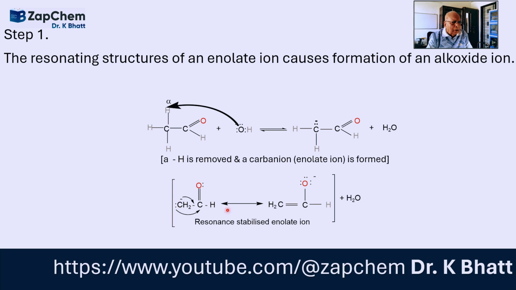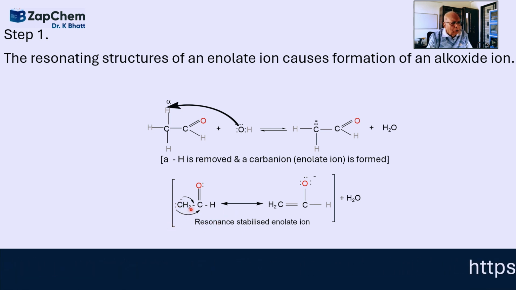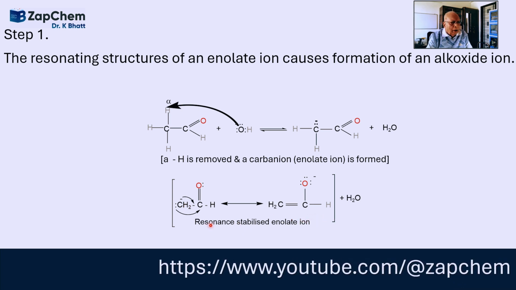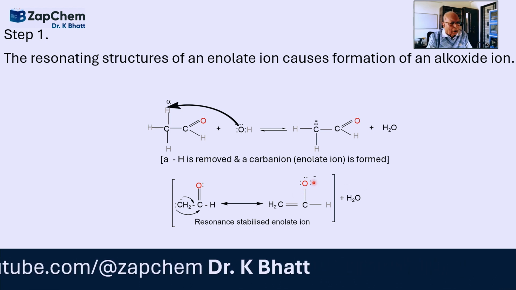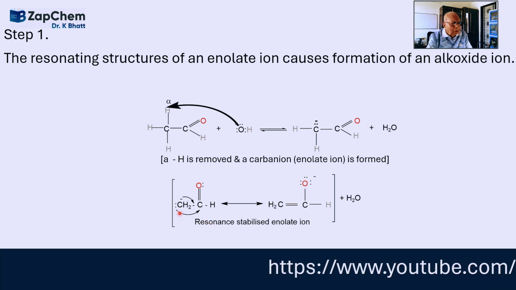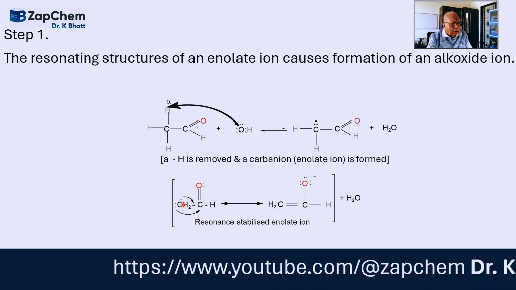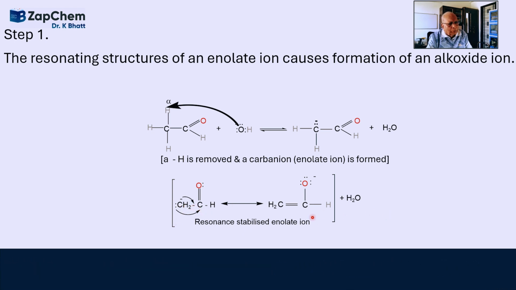Now this enolate ion, just like a carbonyl group, again suffers resonance as shown here. Oxygen gets a negative charge in one of the canonical forms, and the carbanion negative charge shifts over here and forms a pi bond. So that is how it happens.